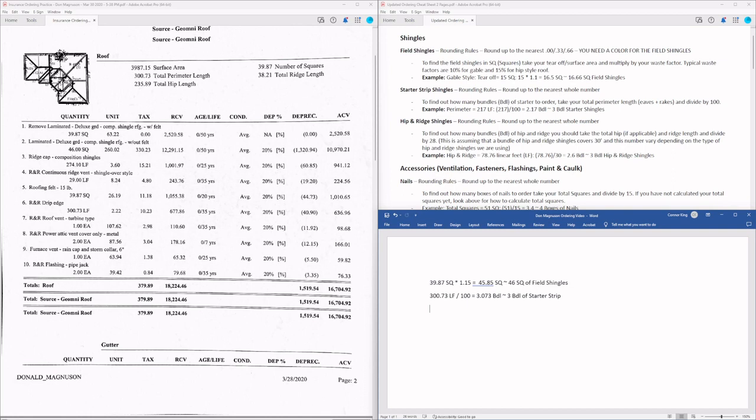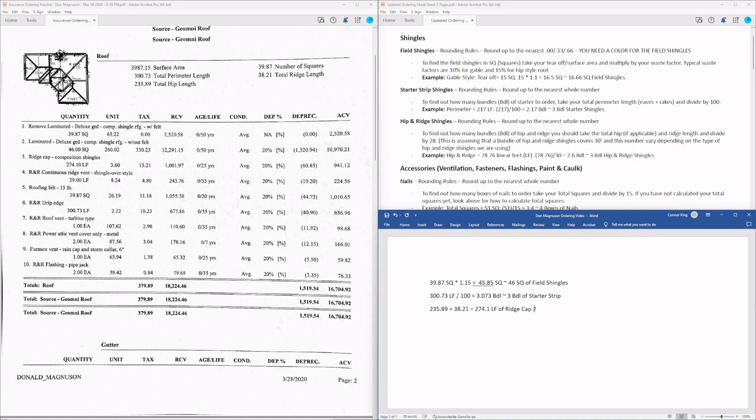So we're going to take our total hip length, 235.89, plus our ridge length, which is 38.21, and that's going to get us 274.1 linear feet of ridge cap. Then it says after you do that, you're going to divide by 28.